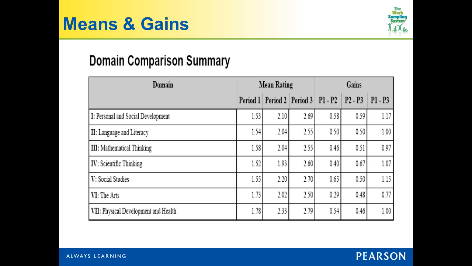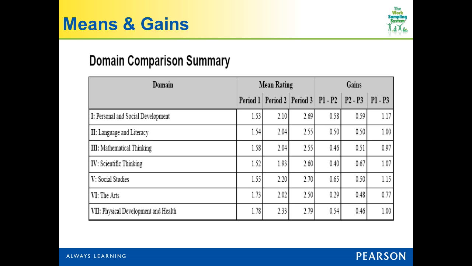So the average of the children were somewhere in between those two. In period 2, we can see that although most children were around the in process, some had inched towards proficient, which would give us the 2.10, and towards period 3, what we saw in the report was the average was about a 2.69. So lots of children were showing proficiency, but there were also many, or several, still in the in-process category.